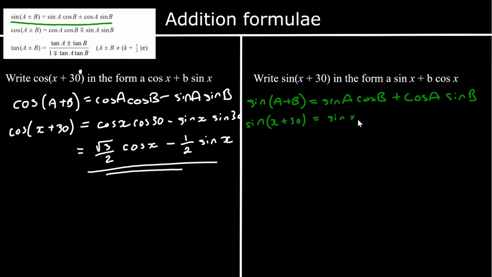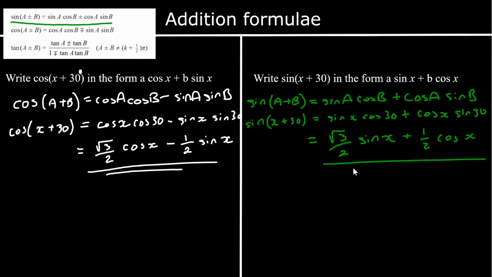So it's sine x cos 30 plus cos x sine 30. Cos 30 is square root 3 over 2. Sine 30 is a half. So there we have our answer.